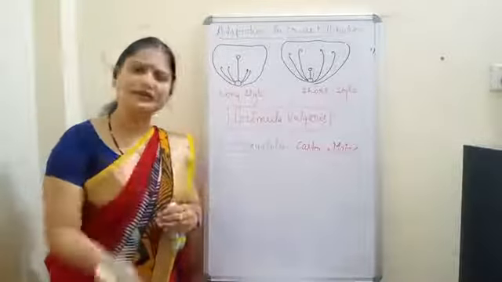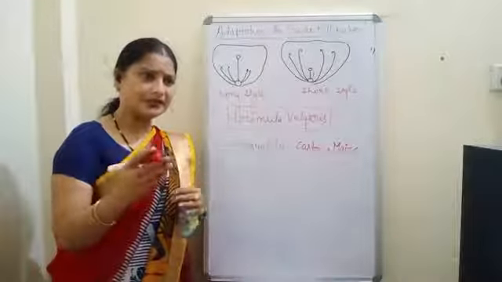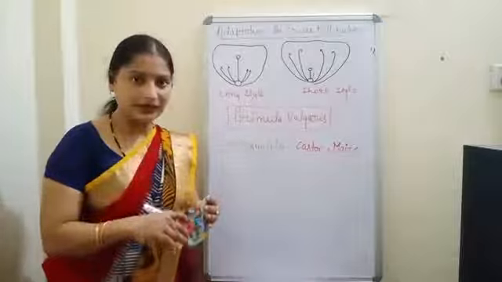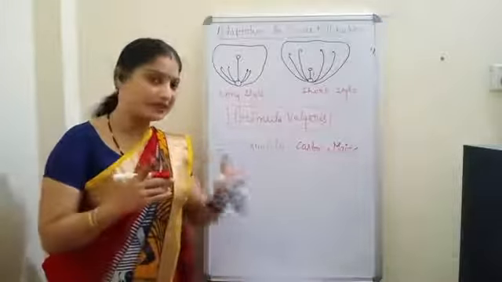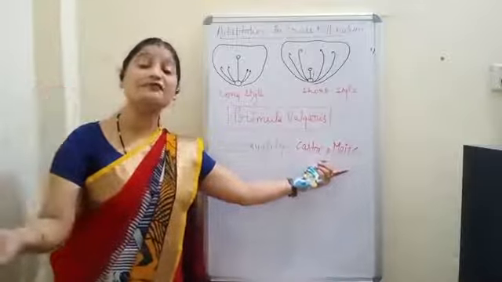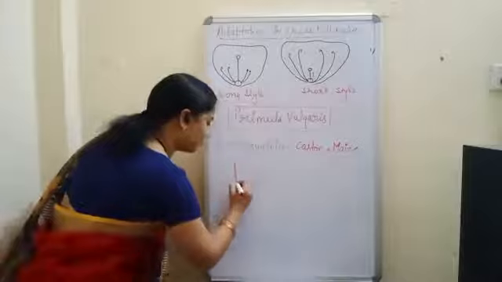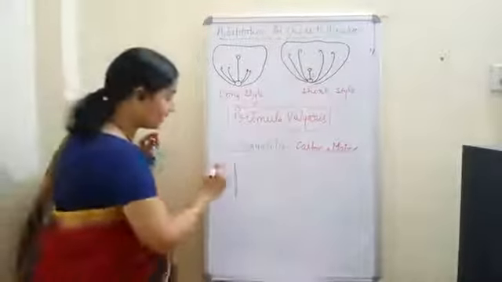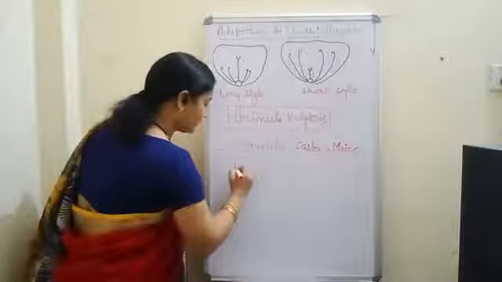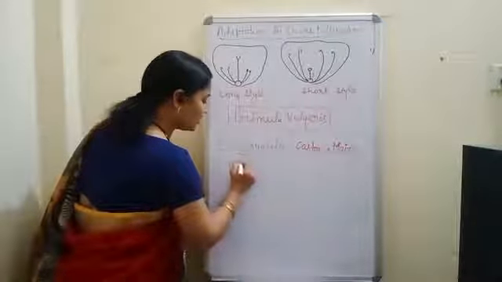They may be in the same plant or they may be in different plants. Clear? Either they may be in the same plant as in case of maize, or they may be in different plants. See, suppose this is the plant. And here there is a flower, which consists of only the male part.